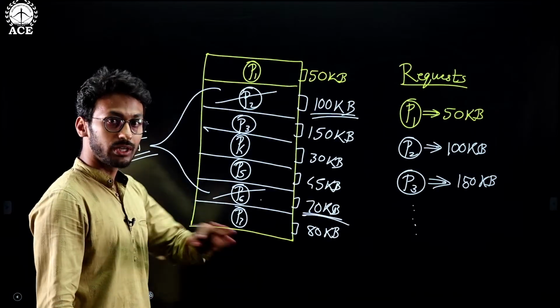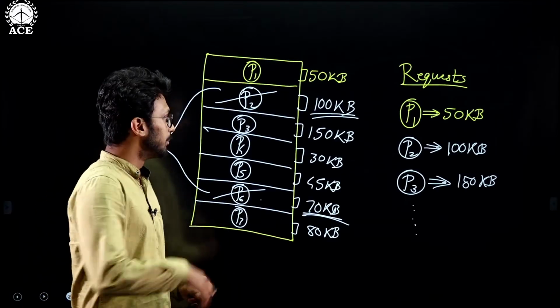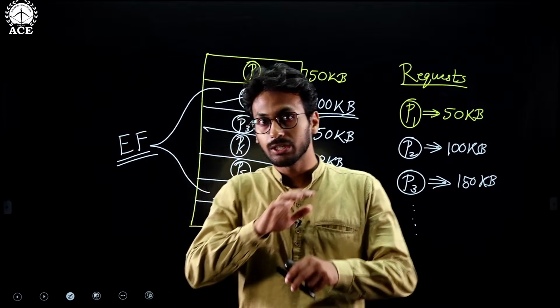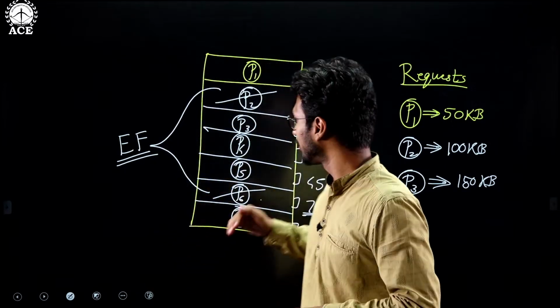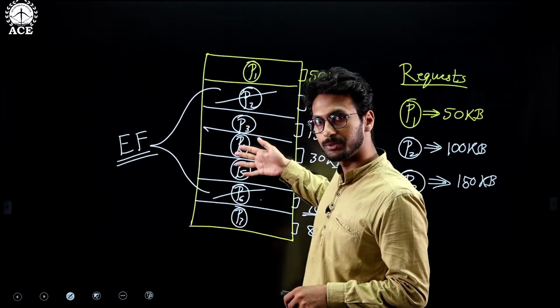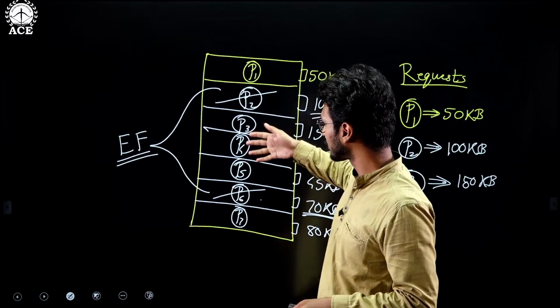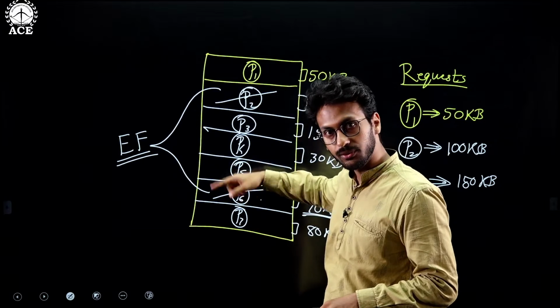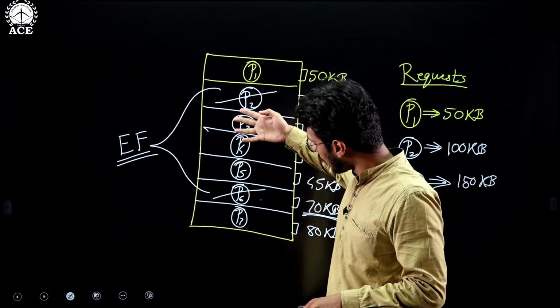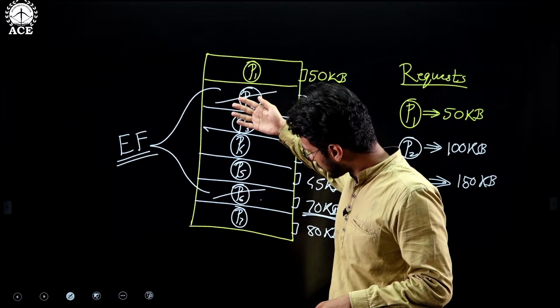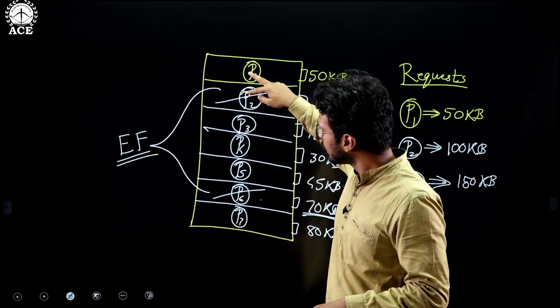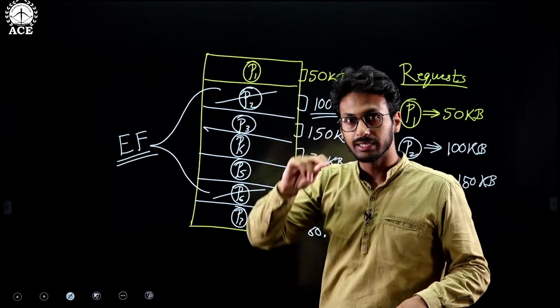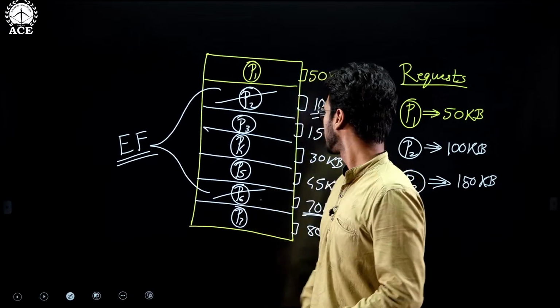In order to eliminate that external fragmentation, see, memory was available but not available contiguously. So what we can do, we can move all these processes upside, so that downside free space will be available, or move all the processes downside so that upside free space will be available. This technique is called compaction.